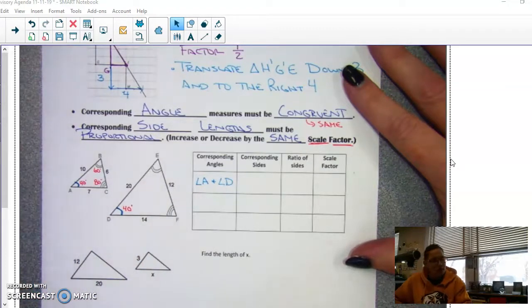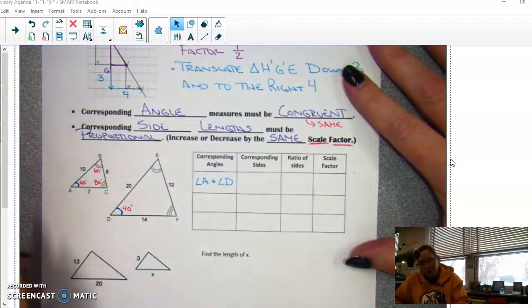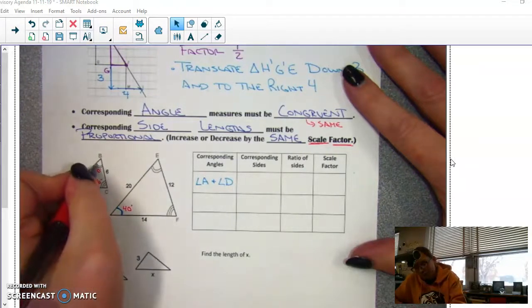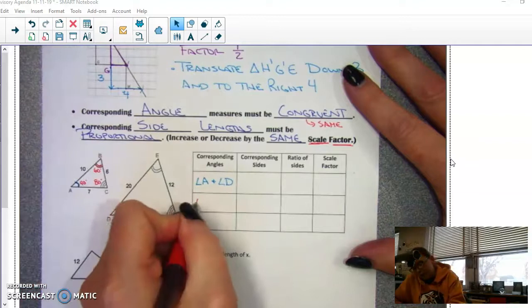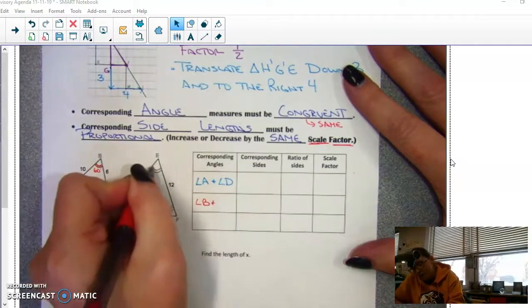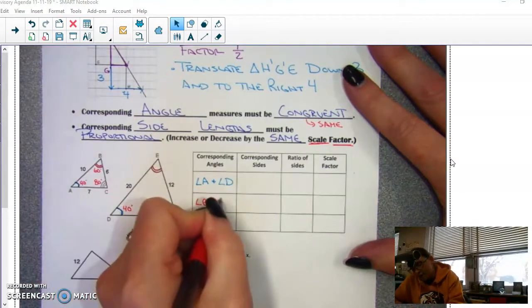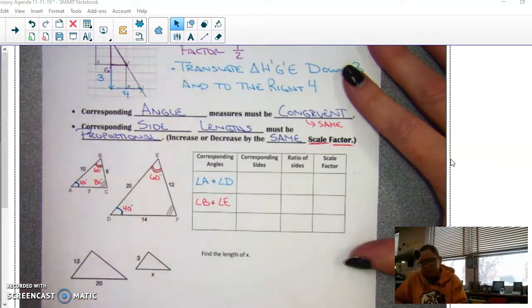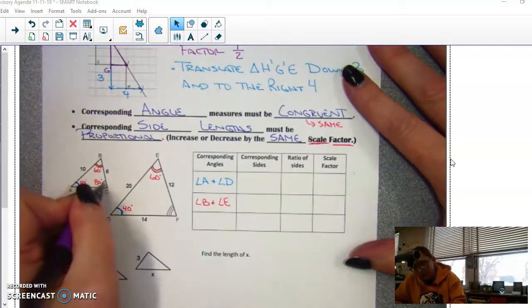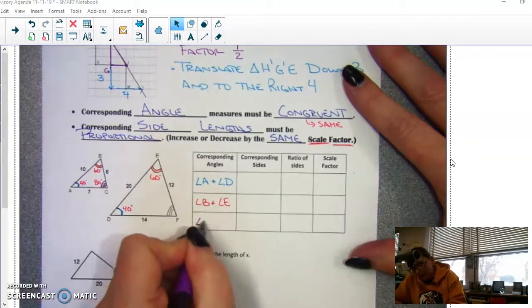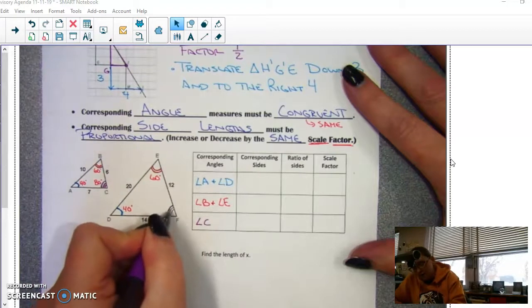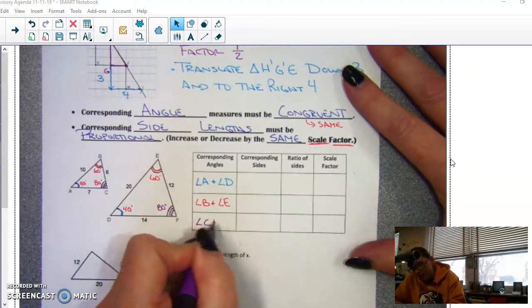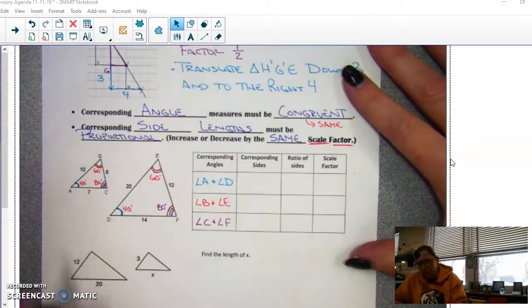So let's do the one at the top here. So this one here is 60 degrees. That's angle B. And that's going to coincide with angle E. So that will also be 60 degrees. And then the last one, we have angle C, which is 80 degrees, which means over here would be angle F, which would also be 80 degrees.